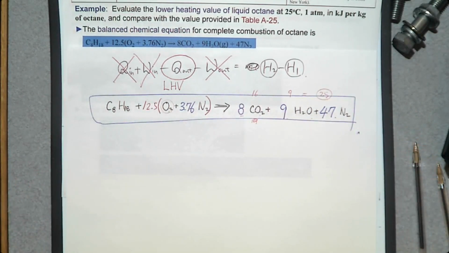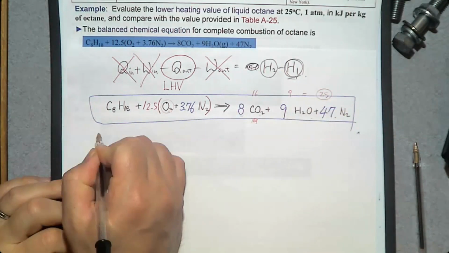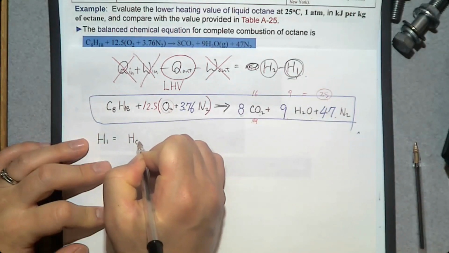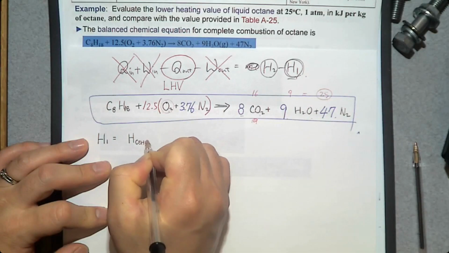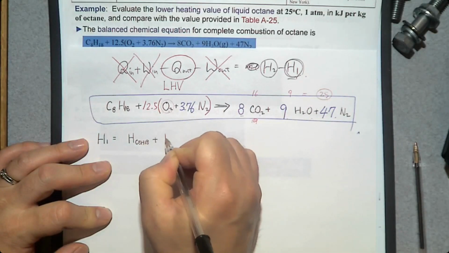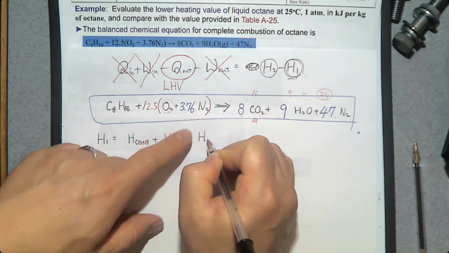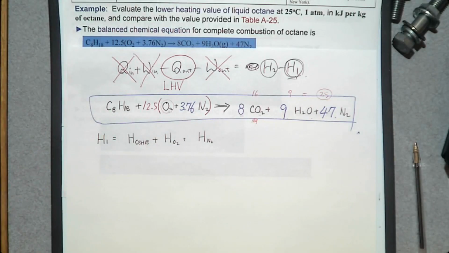Then what do we need to determine first? H1. H1 is the total enthalpy of the reactants. So H1 is going to be H of liquid octane plus H of oxygen plus H of nitrogen. Then how do you determine this H?